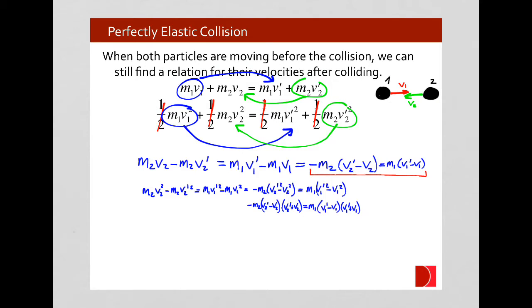Now what we see is that negative m2 times v2 prime minus v2 is equal to m1 times v1 prime minus v1. So if we divide the left side by negative m2 times v2 prime minus v2, and we divide the right side by m1 times v1 prime minus v1, this term is equal to that term because we found that they're equal to each other because of the conservation of momentum.